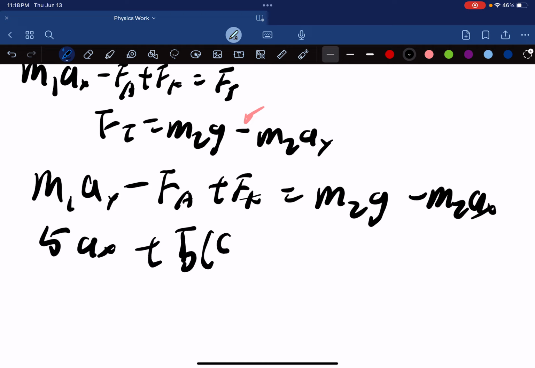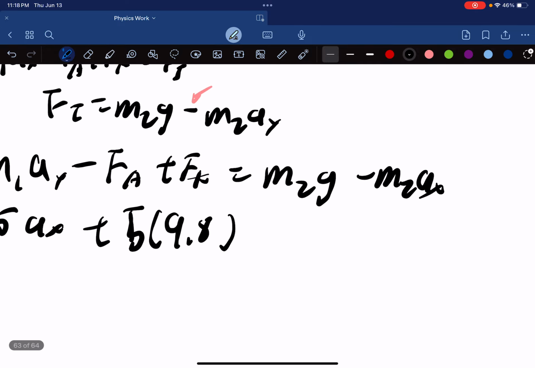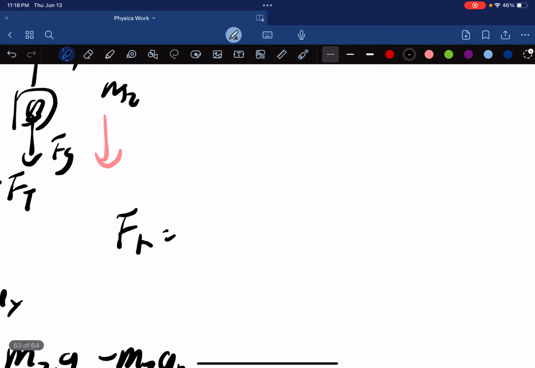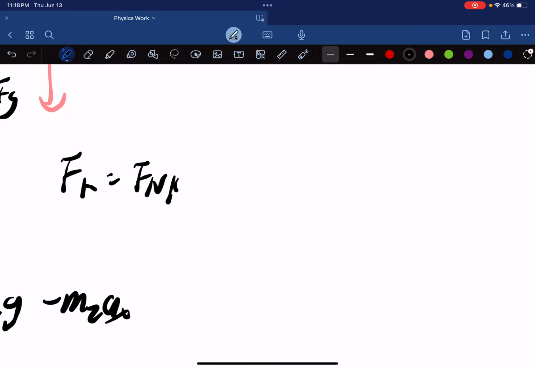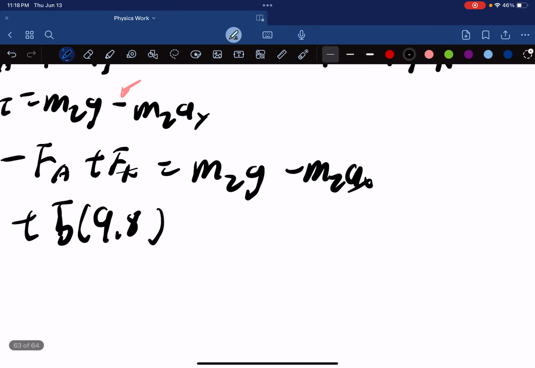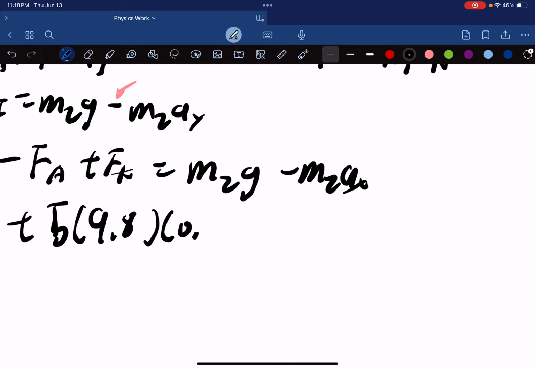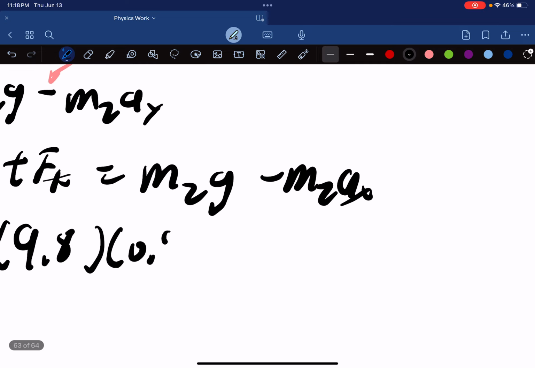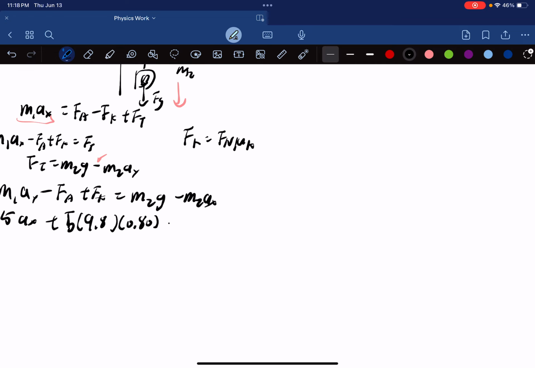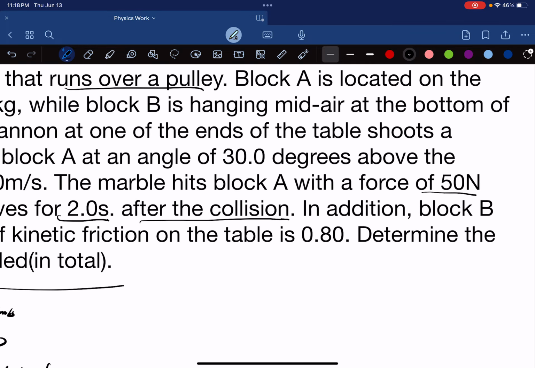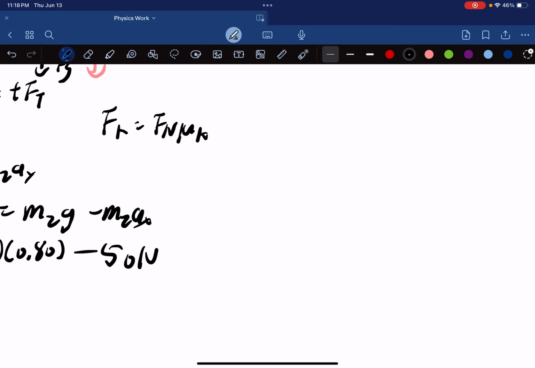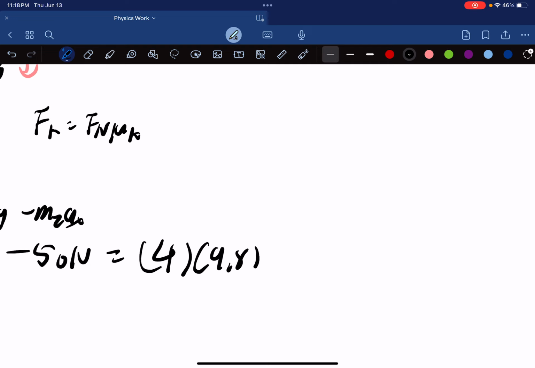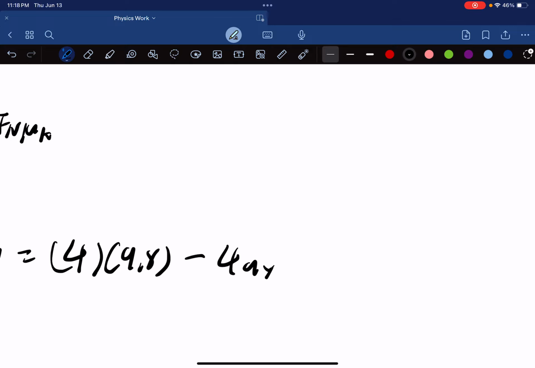FK equals FN times mu k, so that's just mg times mu k, which is given as 0.8, and then minus the 50 newtons, because that is the applied force. It hits with a force of that. So 50 newtons is applied. This equals the mass of the second one, which is 9.8 minus 4ay.